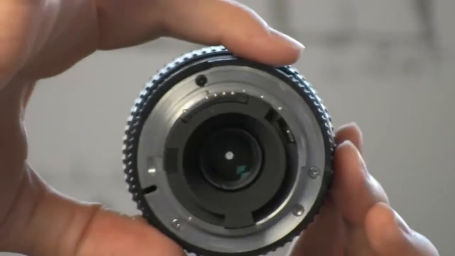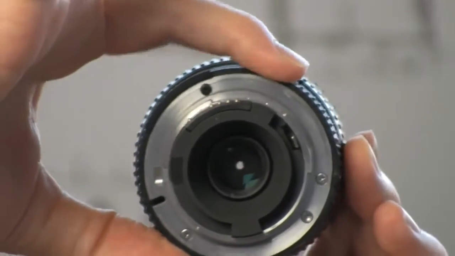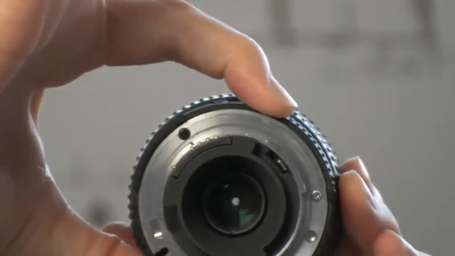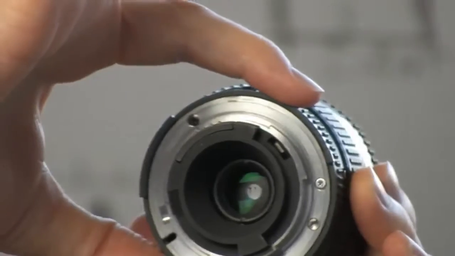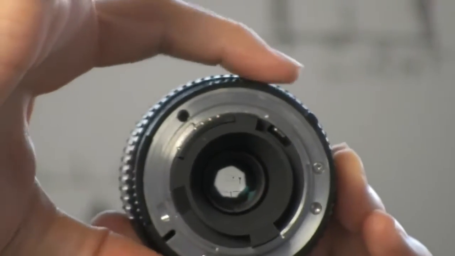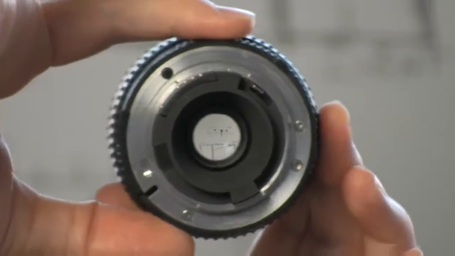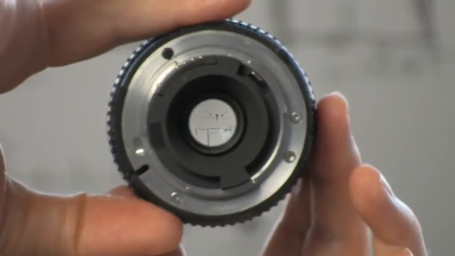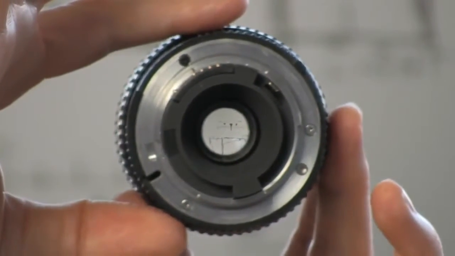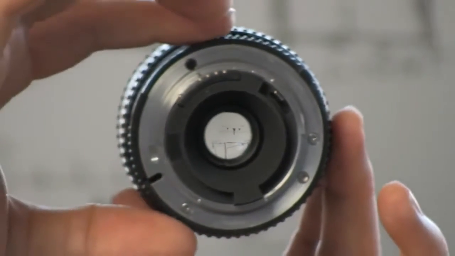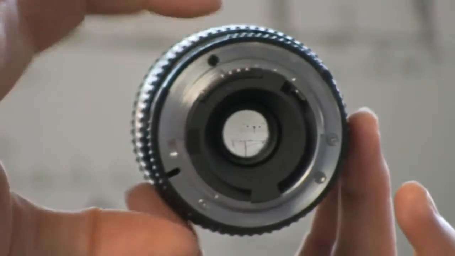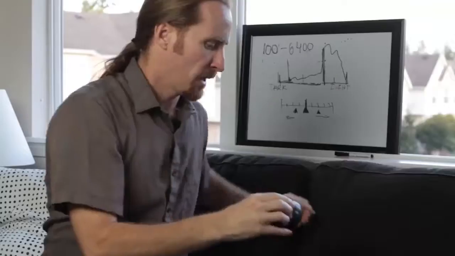So f22 is the smallest aperture, and then we click it to f16, 11, 8, 5.6, and then 3.3. So that's as large as this particular lens goes. That gives you an idea what apertures are. So the smaller the number, the wider the aperture and the more light it lets through.